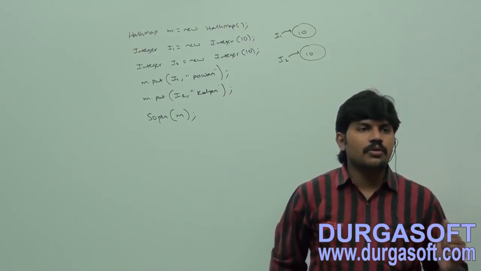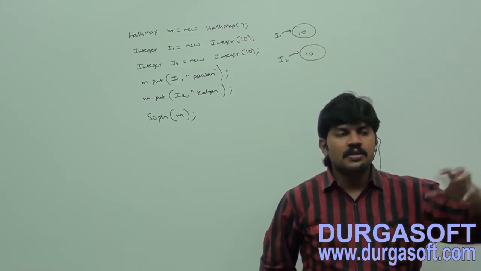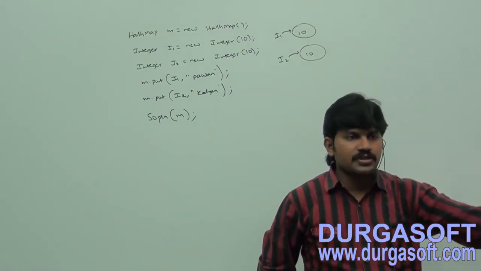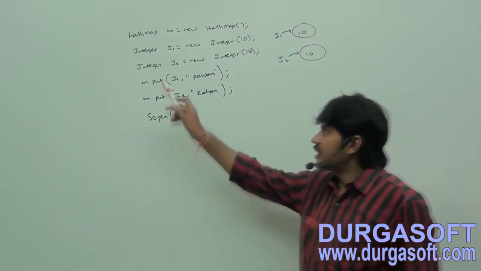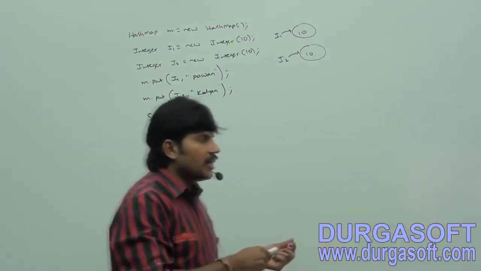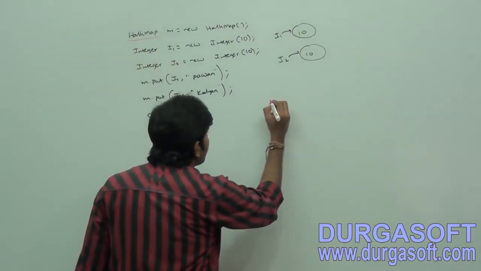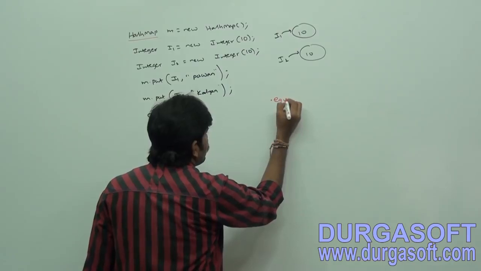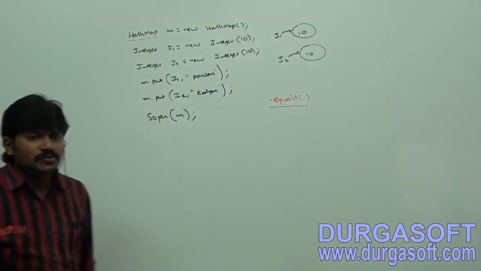Who told you hash code is going to be considered? Okay, hash code is going to be considered to place the location, to identify the location. So in the case of normal hash map, JVM will use the dot equals method to identify duplicate keys. Are you getting it? JVM will use which method?